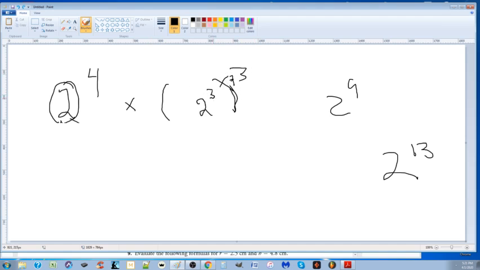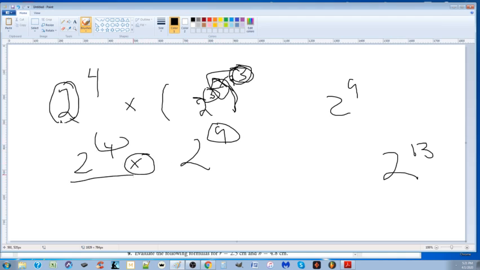Yeah, that's right. So 2 to the 3, again to the power 3, I can just multiply these exponents and make it 2 to the 9. So we can see an exponent of an exponent simply multiplies them. So now I'm left with 2 to the 4 times 2 to the 9, and because I'm multiplying two things with the same base, I can just add them, 2 to the 13.